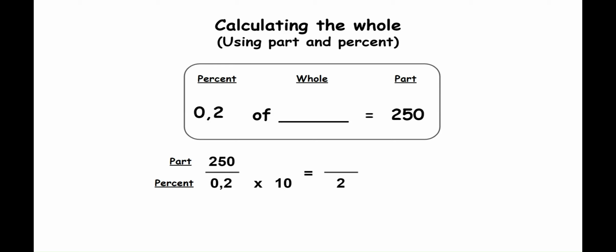And remember, this means we also need to multiply the numerator 250 by 10 as well, which equals 2,500. And last, we need to divide the numerator by the denominator. And 2,500 divided by 2 equals the whole amount, 1,250.